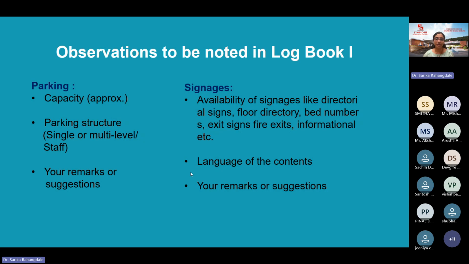Every time we need not ask everything in the hospital, right? Many times we just read the signages and go to that particular place. The arrows are put, like for the lift you have to go to the right side, left side, whatever, right?